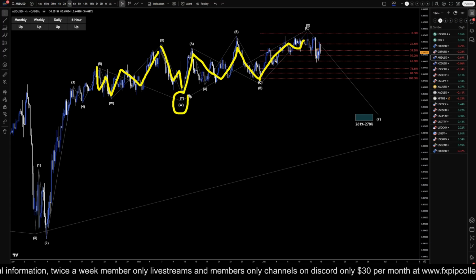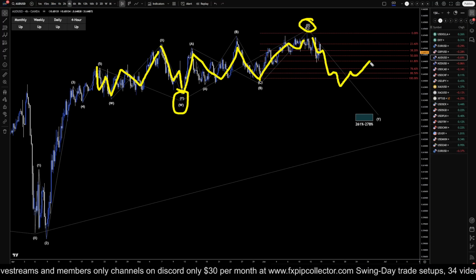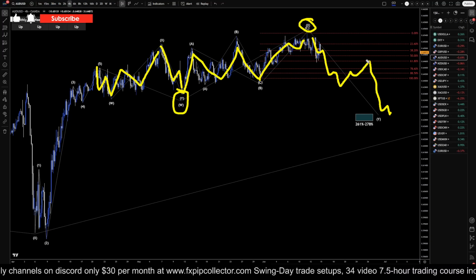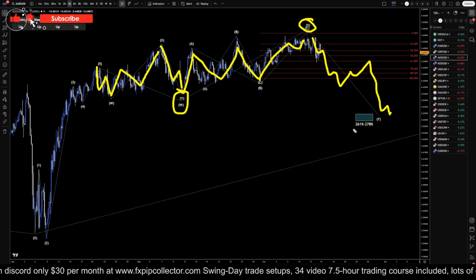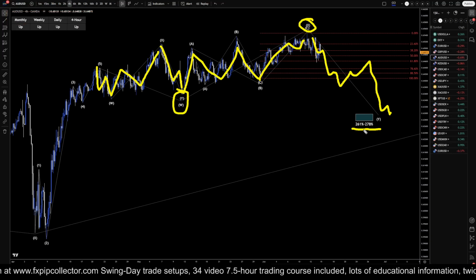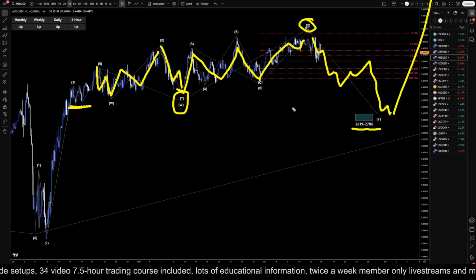So we possibly got three waves of W, three waves of X. If that's true, then we possibly could make three waves of wave Y over the next couple of weeks. Possibly make an A, a B, and a C of wave Y, putting us down to about the 261, 278% Fibonacci extension, likely taking out the low of wave 4 before we end up continuing the uptrend.